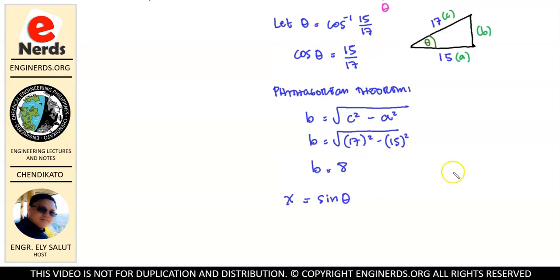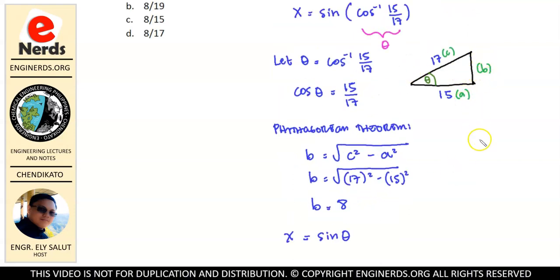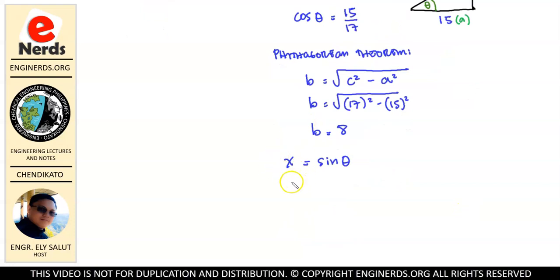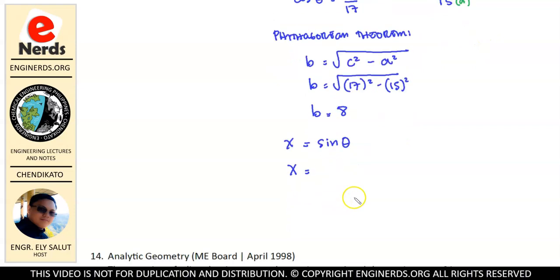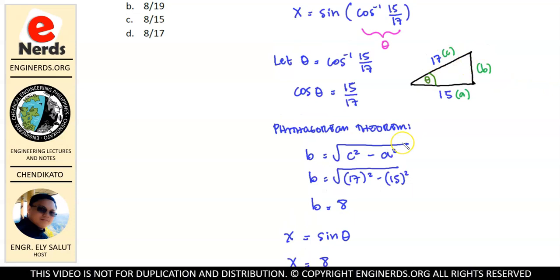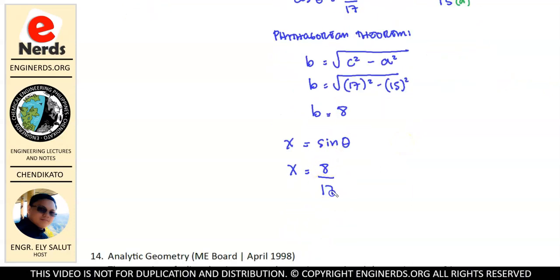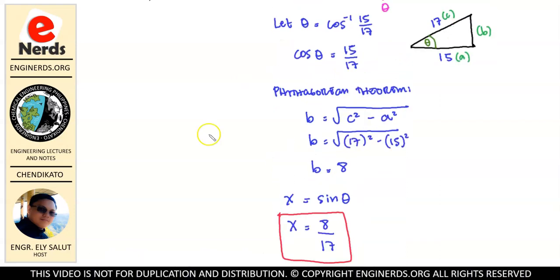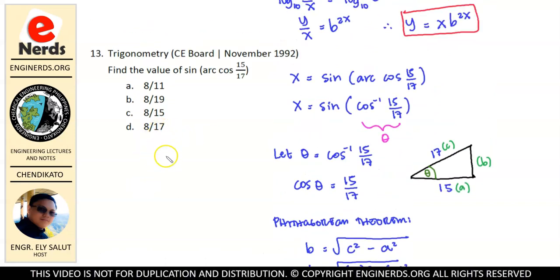But, according to our right triangle here, our sine is equal to opposite over hypotenuse, diba? So, that means our x is equal to our opposite, which is b. In this case, our b is equal to 8 over our hypotenuse, which is 17. Okay, so this is our final answer here. And according sa ating mga choices, this is letter D, 8 over 17.